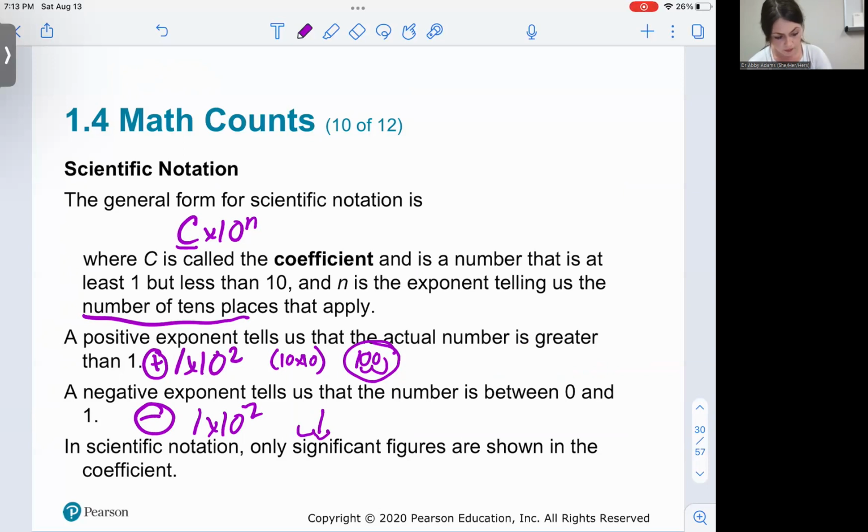And so you are then writing this. In scientific notation, only significant figures are shown in the coefficient. All right, so only one significant figure here. So here we have our 1, and here, you remember, we have our 1.